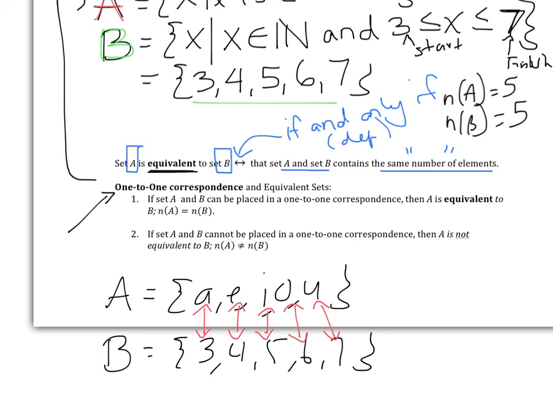If there isn't a one-to-one correspondence, then we know it's not equivalent. And that's what this says here: if A and B cannot be placed in a one-to-one correspondence, then A is not equivalent to set B. So I will stop here and then I'll move on to the next video.